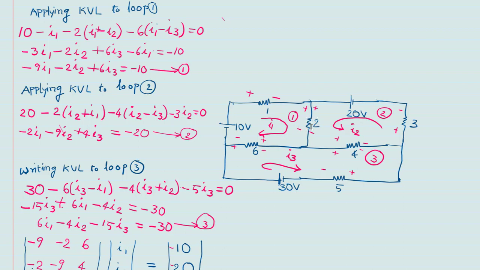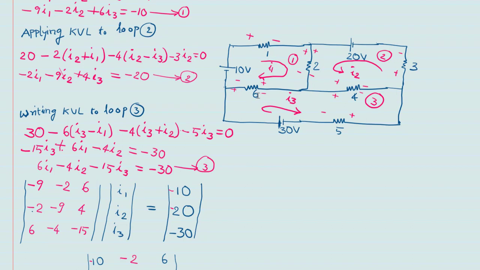I1 enters the 2 ohm resistor, so that is plus, and leaving the 2 ohm, that is negative. Next, you have another 6 ohm resistor. Current I1 is entering the 6 ohms here and then leaving. So entering we call the positive terminal and leaving the negative terminal. And this is the 10 volt supply and its polarity does not change. This is always the negative terminal, this is always the positive terminal.